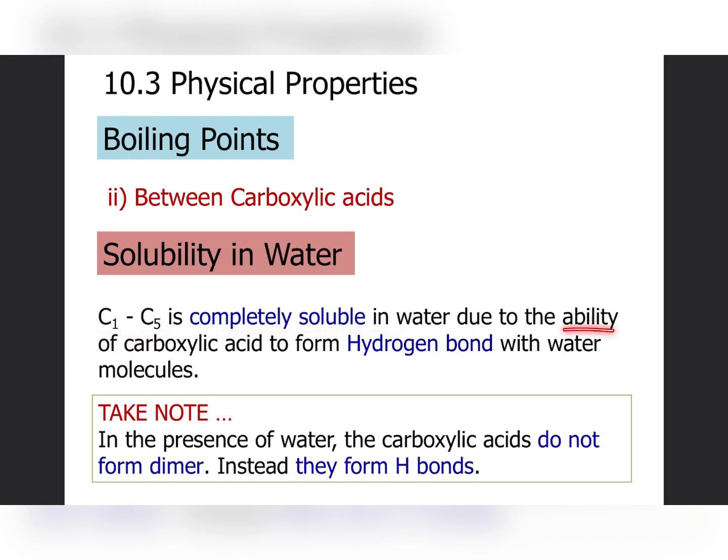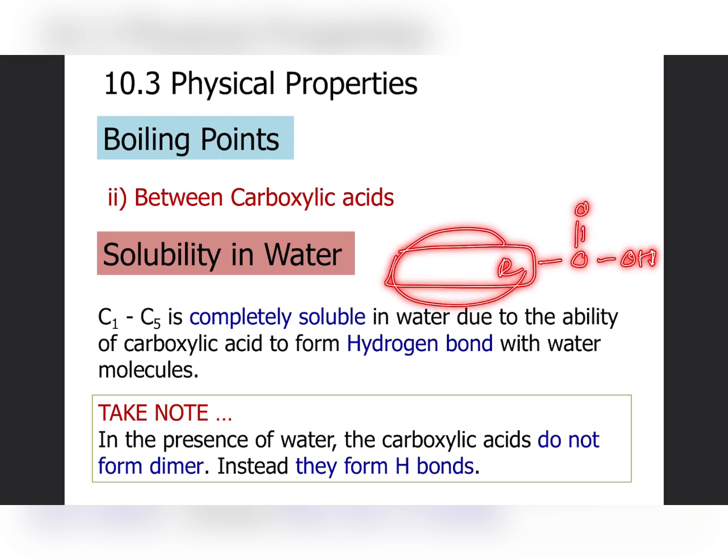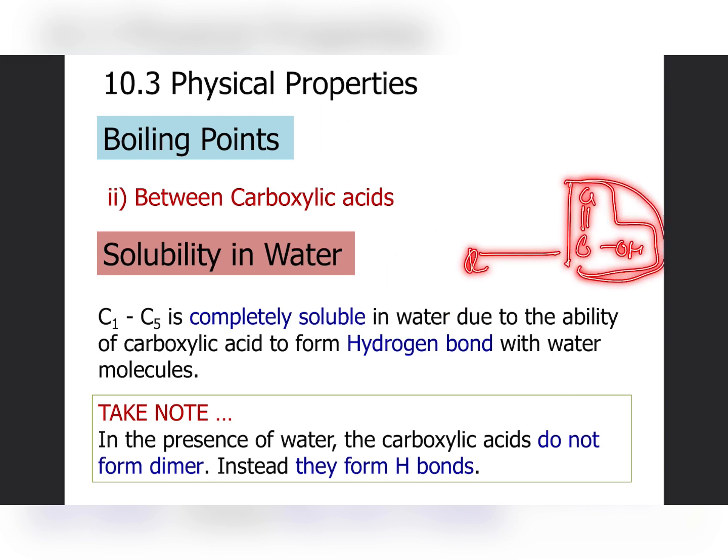Because the ability to form hydrogen bond with water molecule. Tapi kalau more than 5, maksudnya dia akan mengganggu solubility in water molecule. Okay, sebab kamu akan ada hydrophobic part. Dan okay, so this part adalah hydrophobic. This one adalah the hydrophilic part.